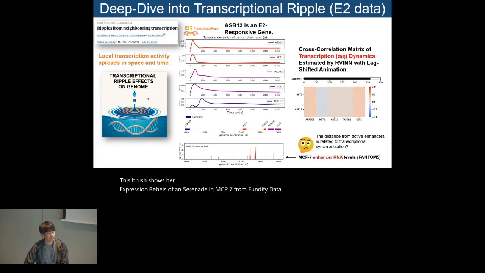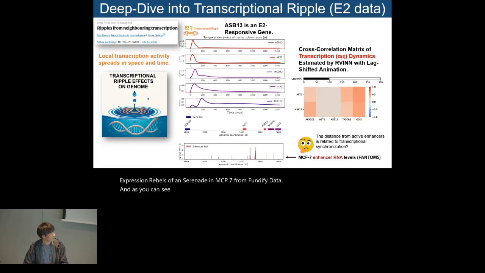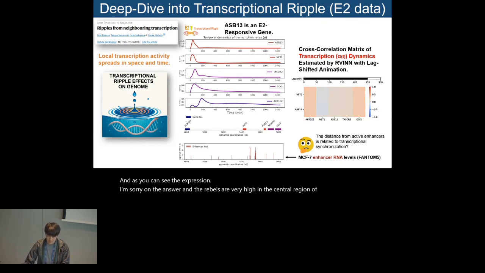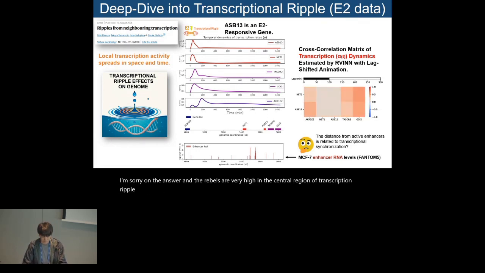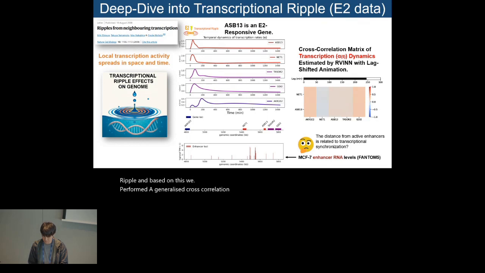As you can see, enhancer RNA levels are very high in the central region of the transcription repo. Based on this, we performed a genome-wide cross-correlation analysis to test whether the distance from active enhancers is related to transcriptional synchronization.